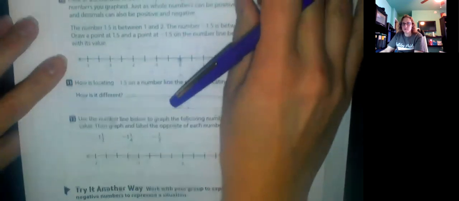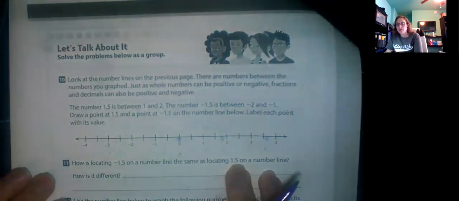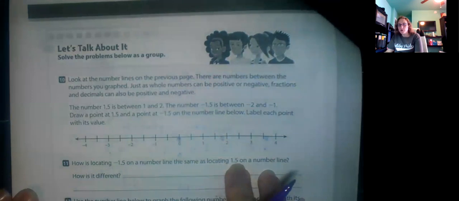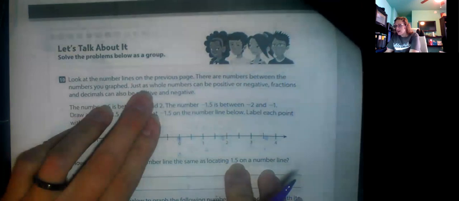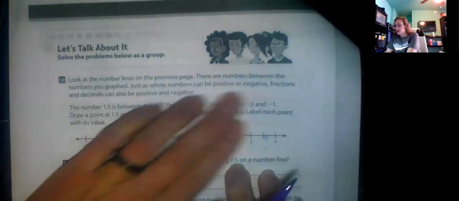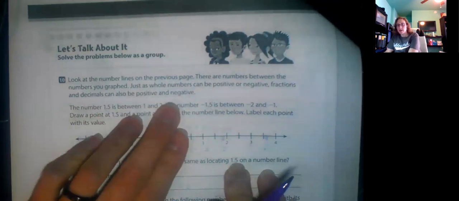All right, let's turn to the next page. All right, number 10. Look at the number line on the previous page. There are numbers between the numbers you graphed. Just as whole numbers can be positive or negative, fractions and decimals can also be positive or negative.